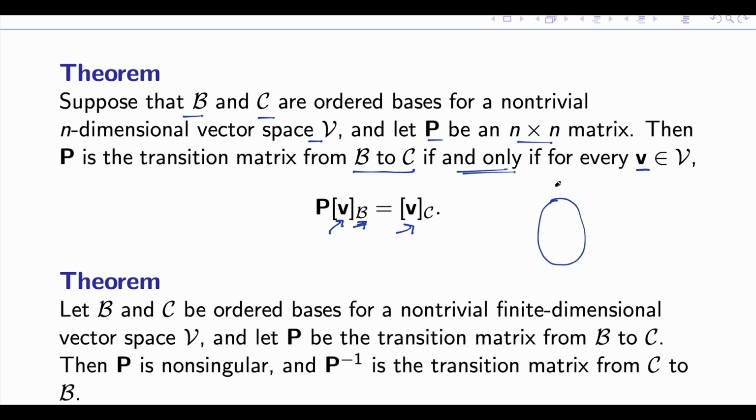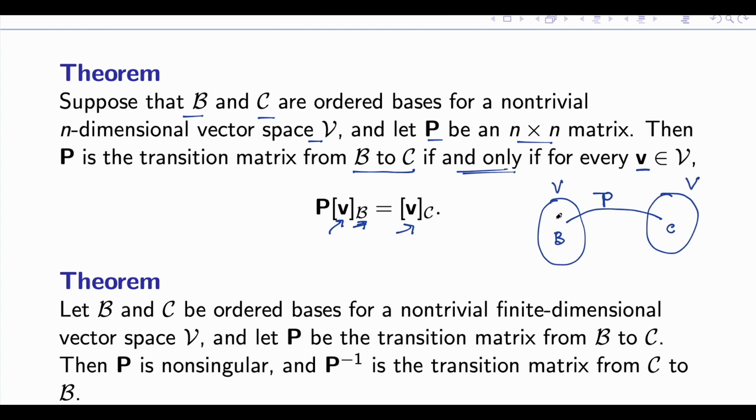If you see this picture, this is a vector space V and this is the same vector space V, having two bases B and C. We are transforming any vector with respect to P, where P is the matrix of transformation.